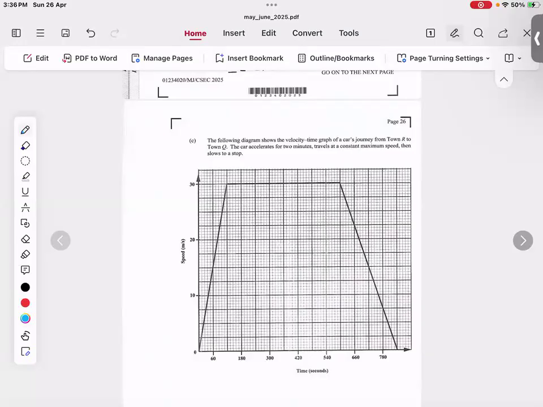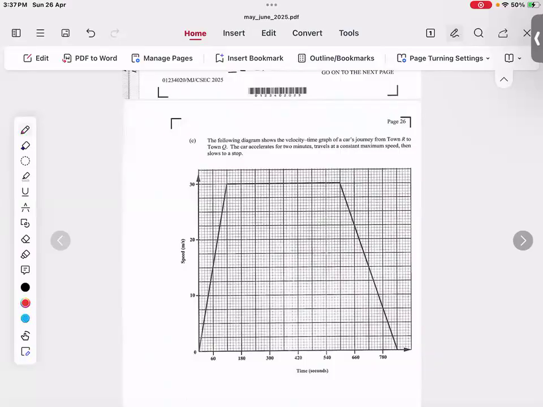So the following diagram shows the velocity time graph of a car from town R to town Q. So it's a velocity time graph. Basically, velocity is speed. So it's basically showing how fast the car is traveling at what time, right?